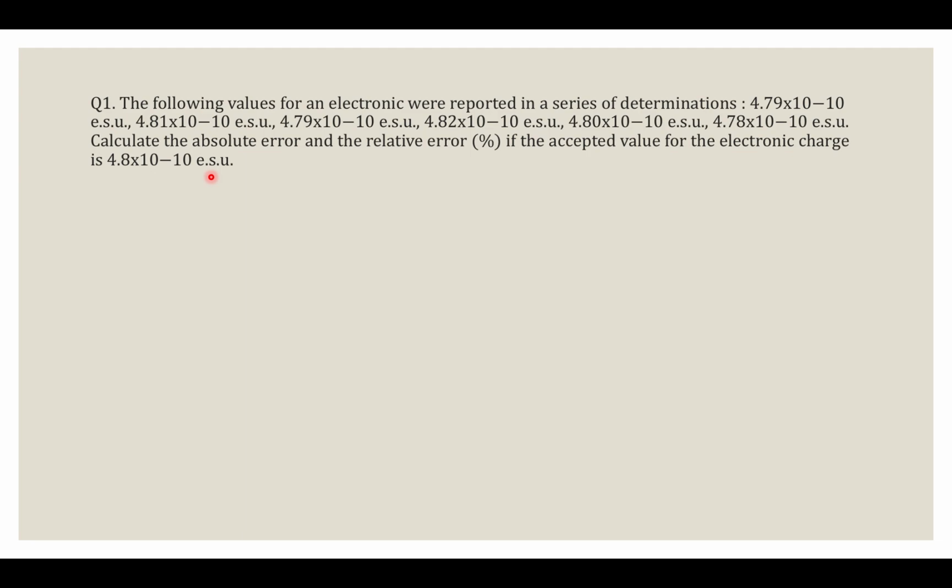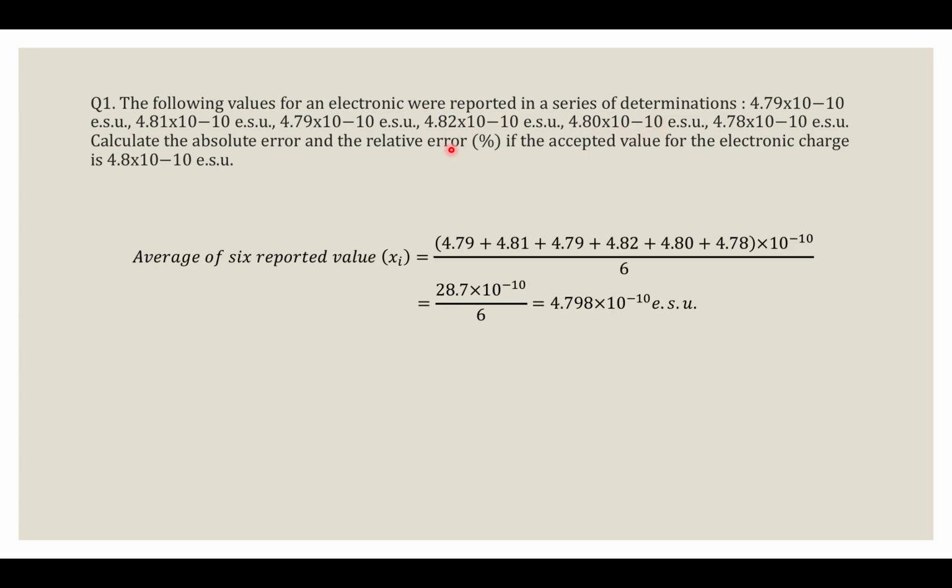Now, just by looking at this problem, we are given measurements, we are given the accepted value. So that means it is easy to calculate the absolute error. But here, since we are given many measurements, we first need to calculate the average value. So there are 6 electronic charge measurements. We calculated the average and it came out to be 4.798 into 10 to the power of minus 10 ESU.